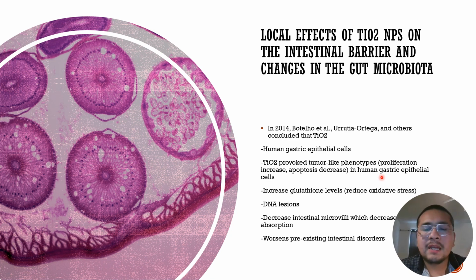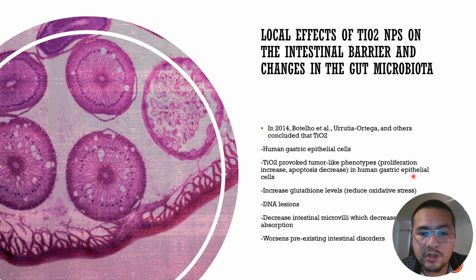What this means is that they did an experiment and showed that the more titanium dioxide nanoparticles were present in these gastric epithelial cells, rather than killing the damaged cells, the damaged cells started to grow more. In other words, cancer, right?